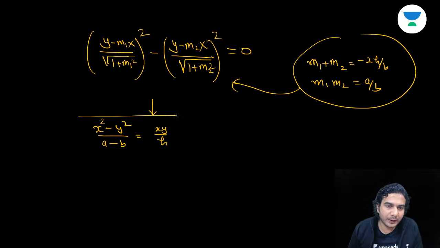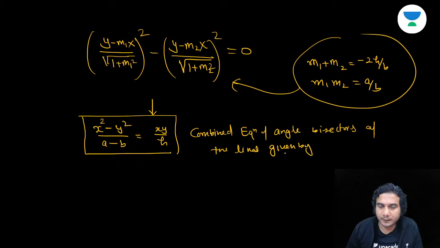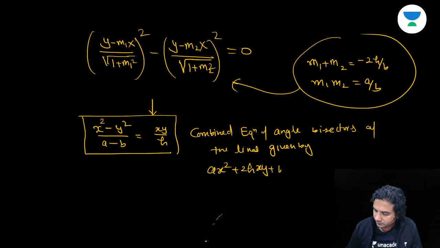This is the combined equation of angle bisectors of the lines given by ax square plus 2hxy plus by square is equal to 0.